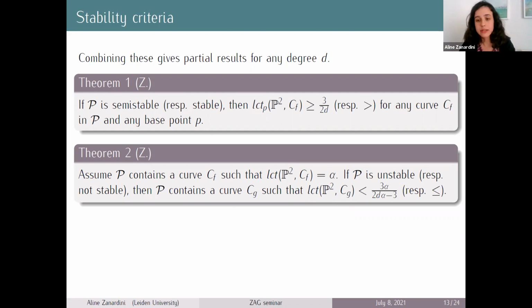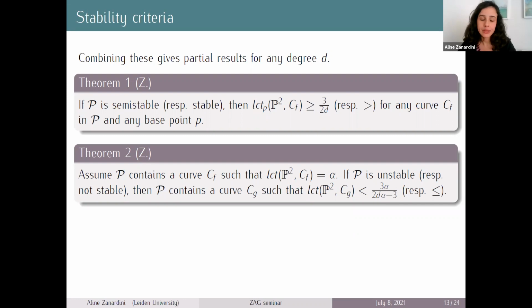If my pencil is unstable, respectively not stable, then the pencil has to contain a curve such that its log canonical threshold is bounded from above by this fraction here involving alpha. Perhaps I should comment that, of course, this has to make sense, so this fraction has to be less than or equal to 1. There's something hidden here on what alpha can be, but okay.